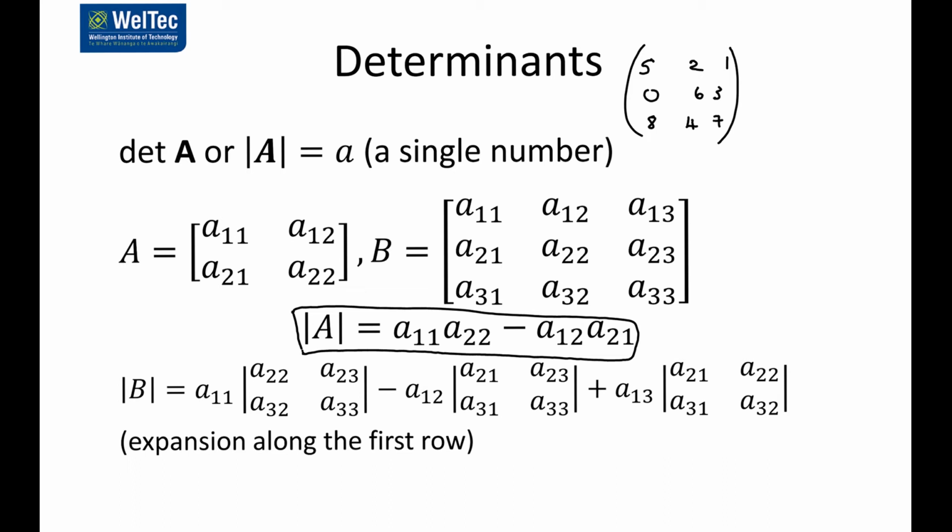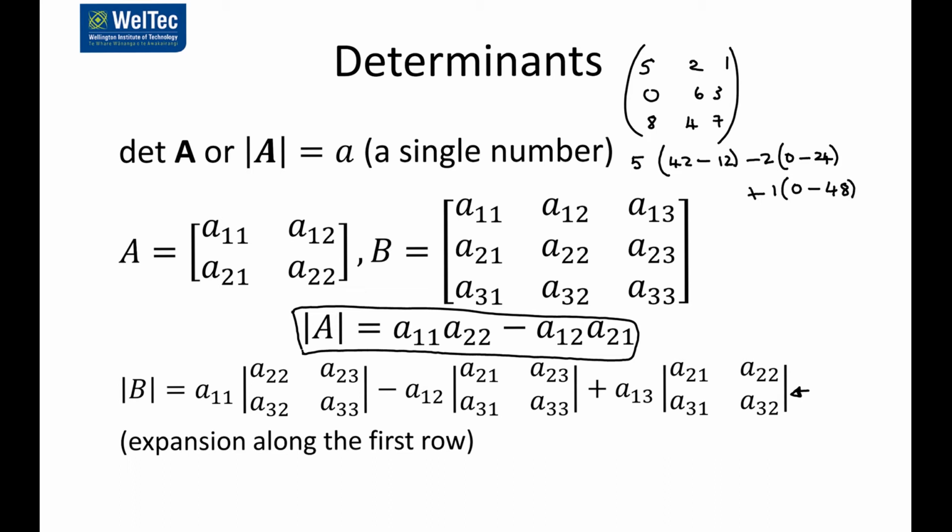It would be A11, so it would be 5 times, now we need to work out A22, which is 6 times 7 minus 3 times 4, minus 2, which is the next element along, times 0 times 7 minus 8 times 3, plus, and the third element is 1, times 0 times 4 minus 6 times 8.